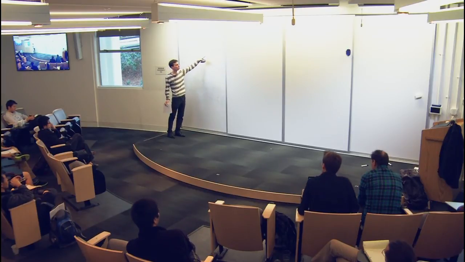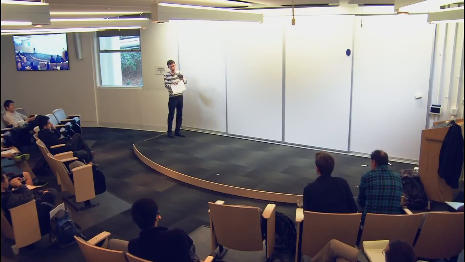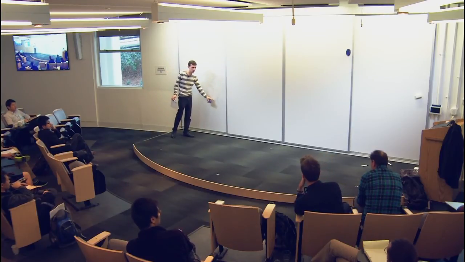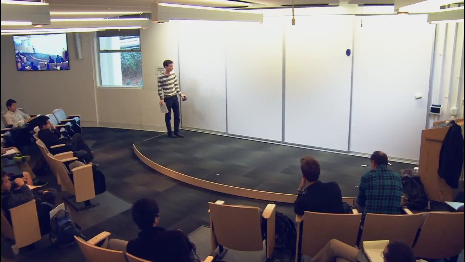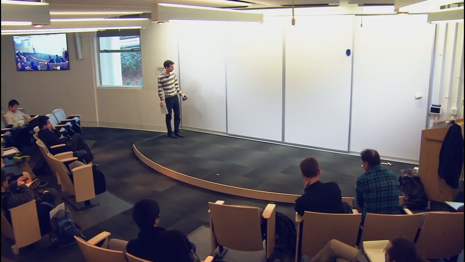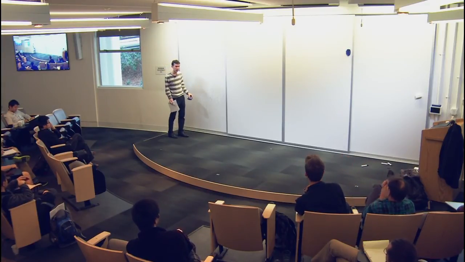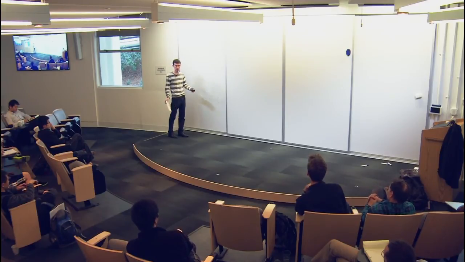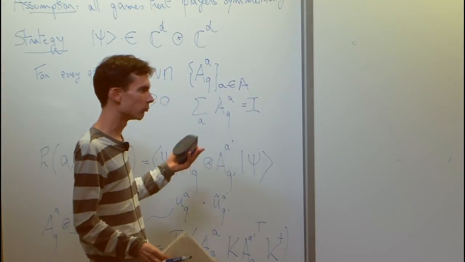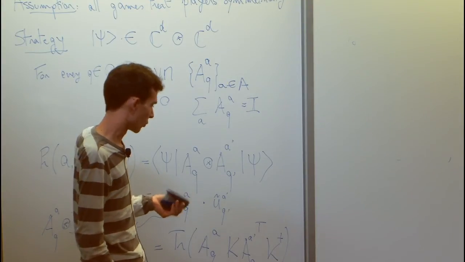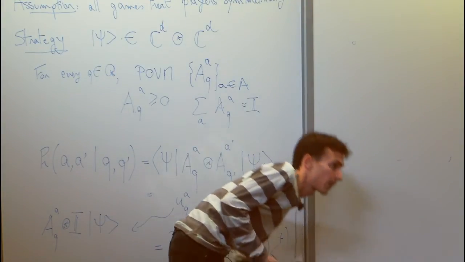This state has d squared coefficients, and I can think of them as a long vector that has d squared coefficients, or as a d by d matrix, and that's what K is. There's no game so far. Oh, I see. Okay, so what defines the game is not defined yet. It would be what is the set of questions, what is the set of answers, and with what probability do I choose these questions, and what are the valid answers. Okay. So let me define the game now, unless there's another question.